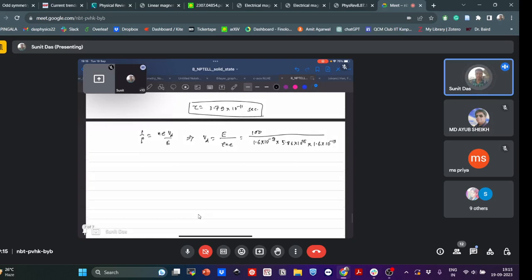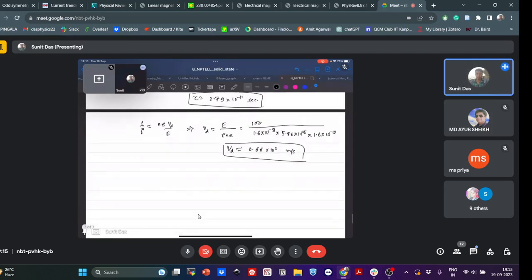So if we use this, then Vd will be around 0.66 into 10 to the power 2 meter per second.